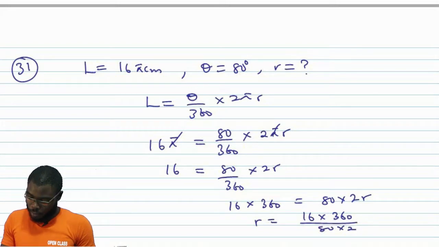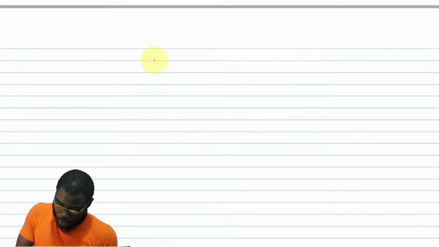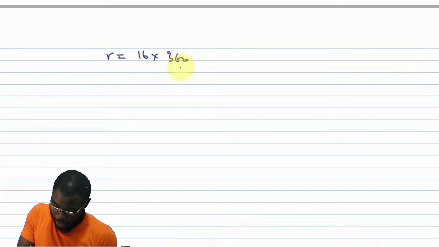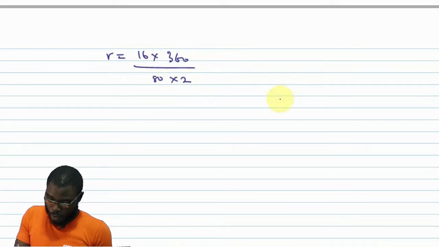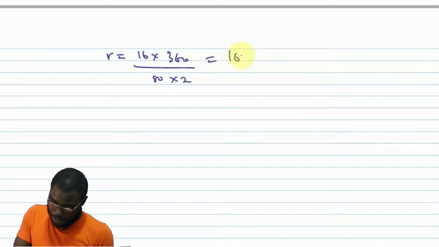So r equals 16 times 360, like I was saying, over 80 times 2. This is 160. So you have 16 times 360 over 160. 16 here is 1, 16 here is 10.